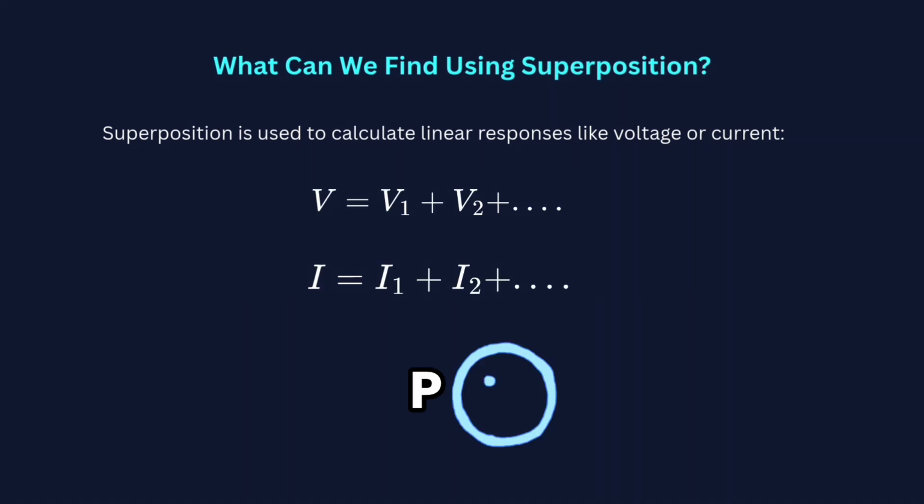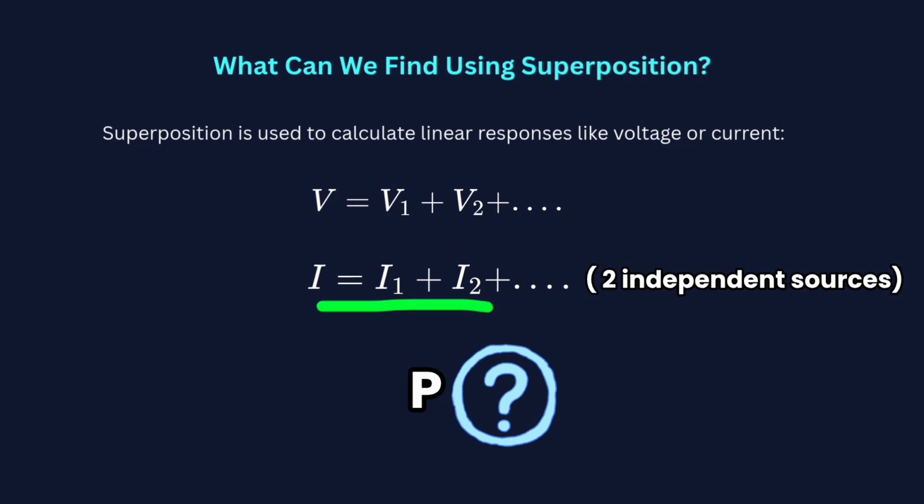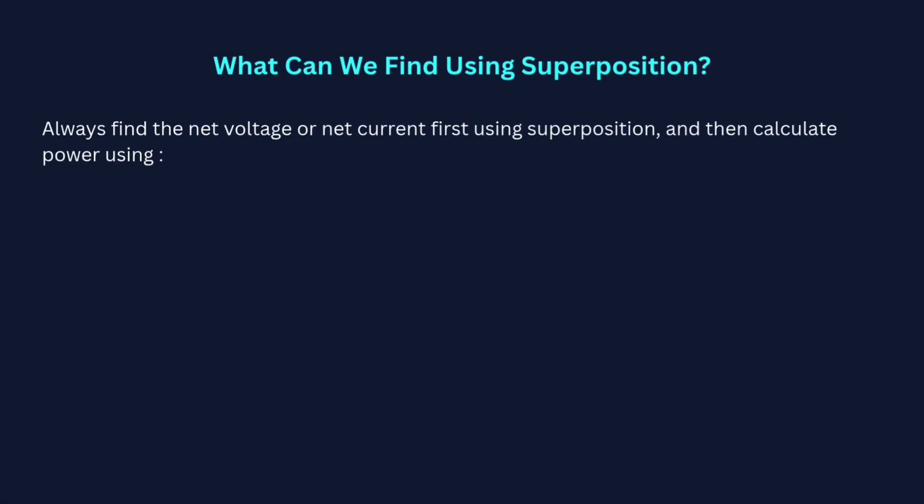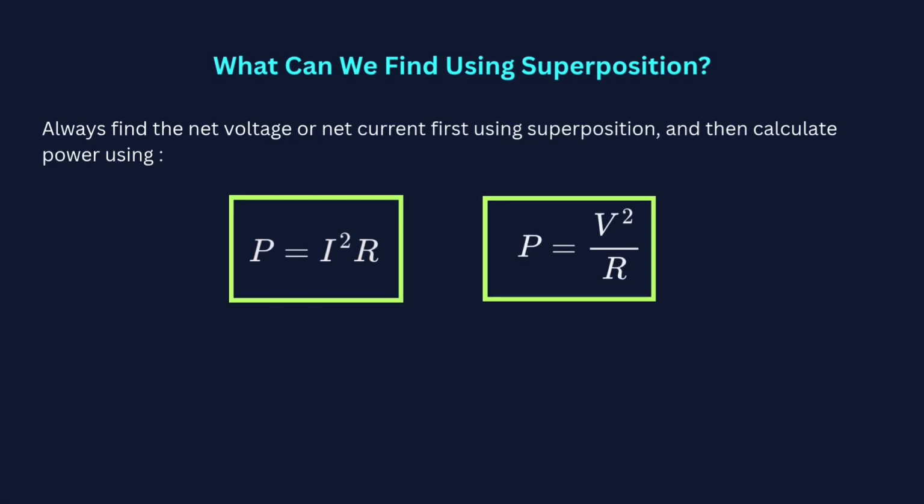What about power? Superposition is not directly applicable to power. If I equal to I1 plus I2, then P equal to I squared R, which is nothing but (I1 plus I2) whole squared into R, which is not simply I1 squared R plus I2 squared R. Therefore, first find the total voltage or current using superposition and then calculate the power.